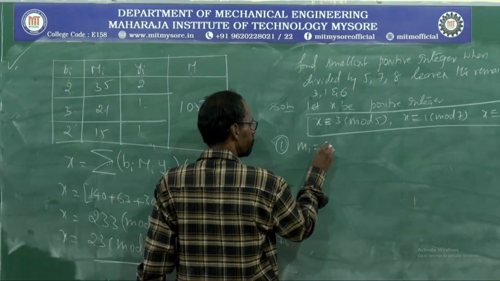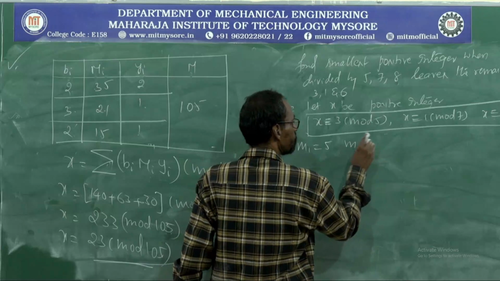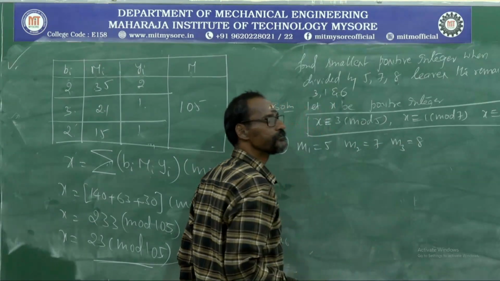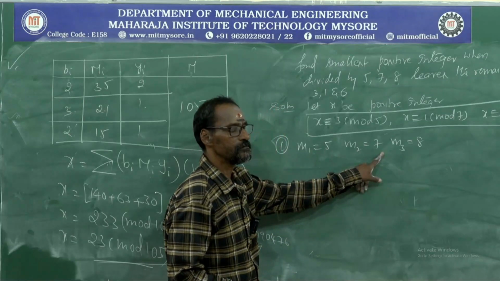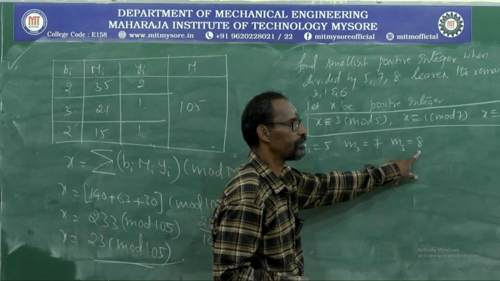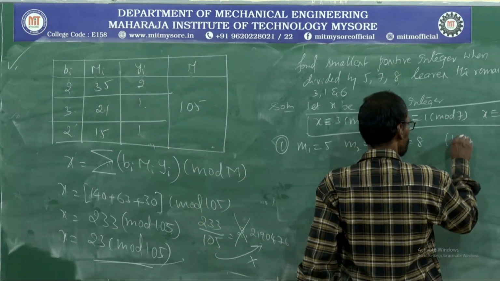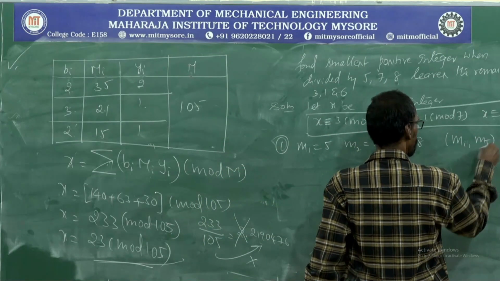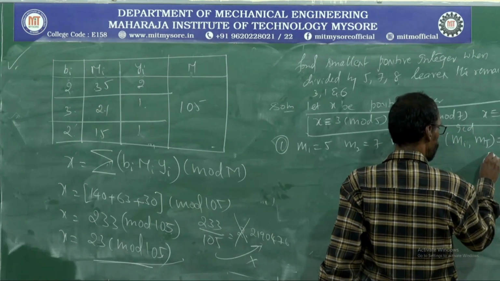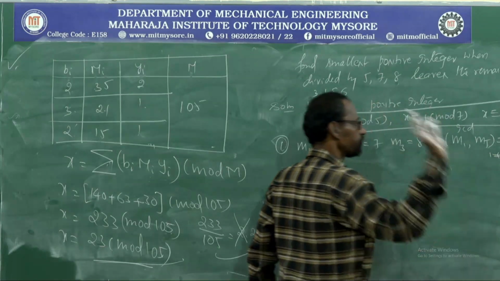What is step number 1? Get small m1. Small m1 is 5, small m2 is 7, small m3 equal to 8. 5, 7 relatively prime, 7, 8 relatively prime, 5, 8 relatively prime. That implies GCD of mi, mj is always equal to 1 for i not equal to j.